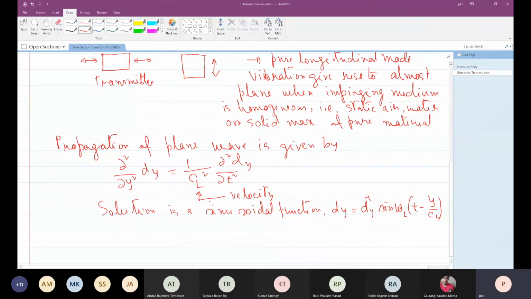Similarly, we can have the other direction as well. This is forward propagation.